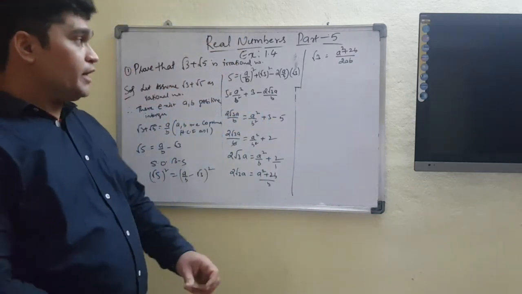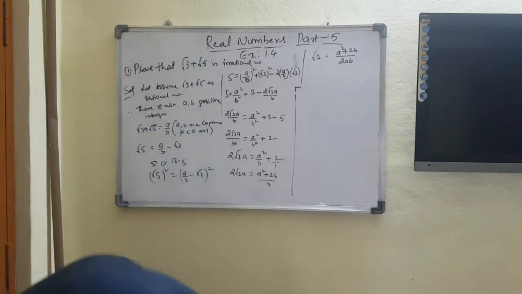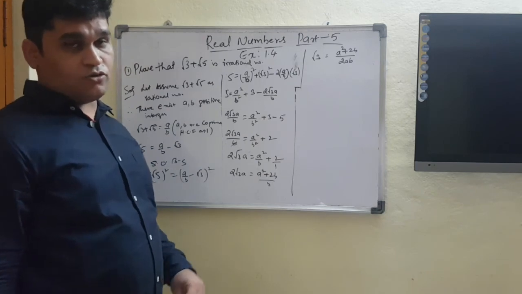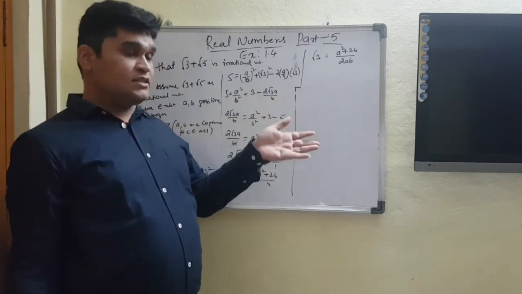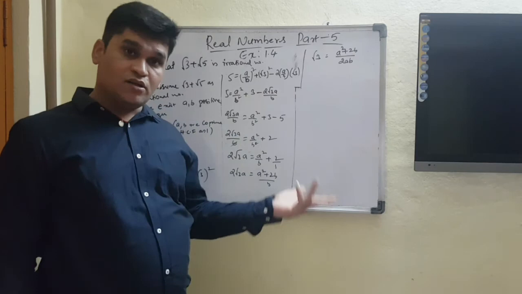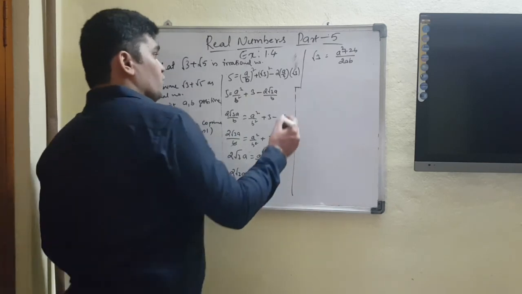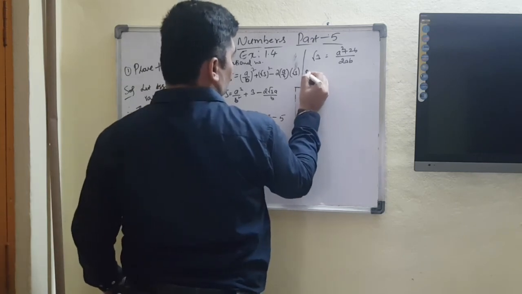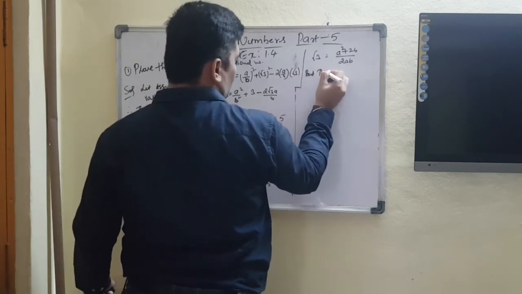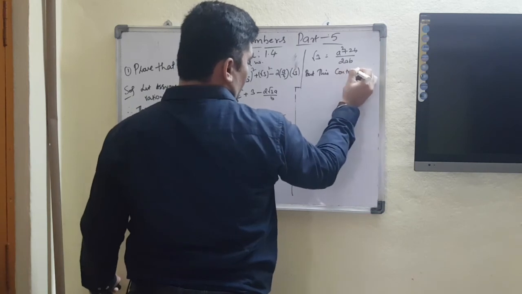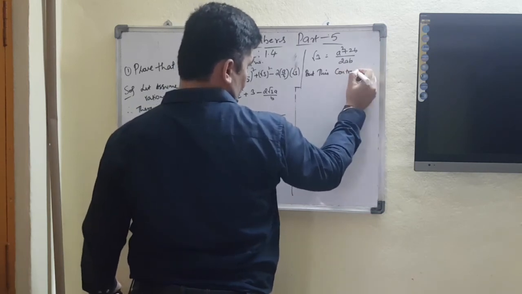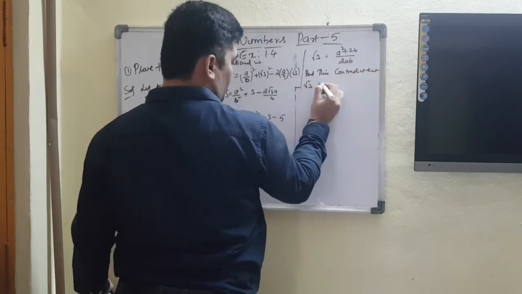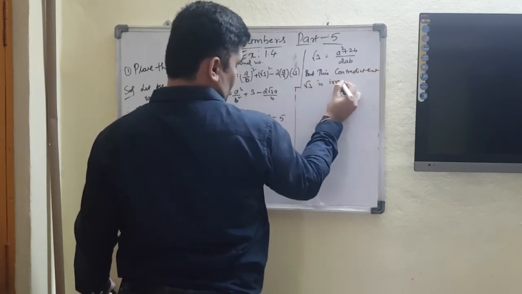Now since we know that root 3 is an irrational number, right? So if root 3 is an irrational number, anything equal to root 3 is also an irrational number, right? So therefore we can say, write down here, but this contradicts that root 3 is irrational.